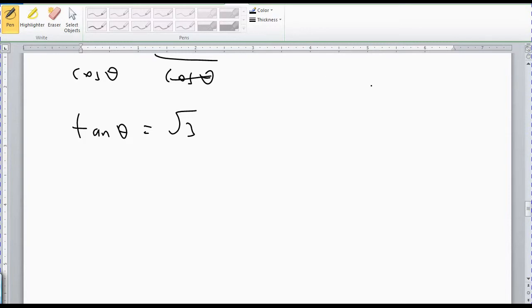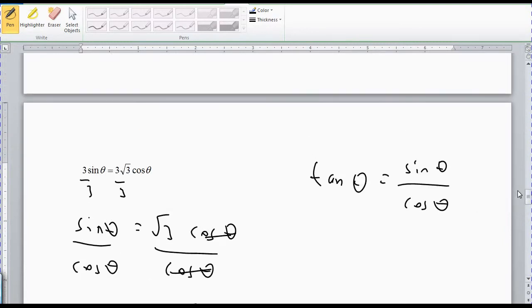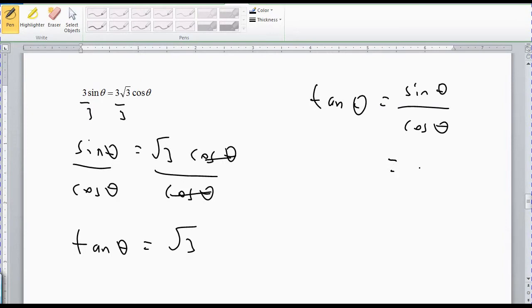I know that tangent is sine over cosine, and I need a square root of 3 somewhere. How do I get that? Well, let's just think about it. I'm doing it in my head now. I have tangent of 30.